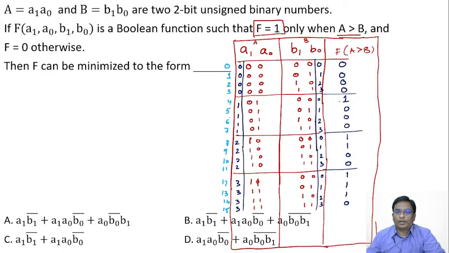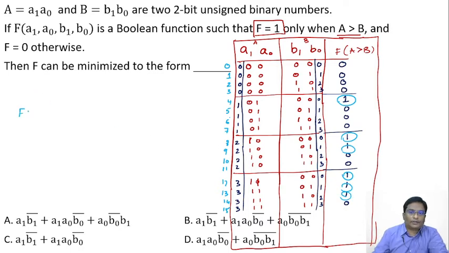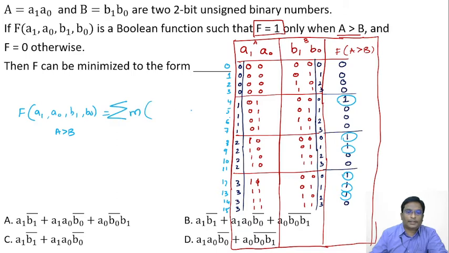The output is high for these combinations. This is F of A greater than B, or function of A1, A0, B1, B0 for A greater than B. Out of 16 combinations, the output is high for 4, 8, 9, 12, 13, 14.